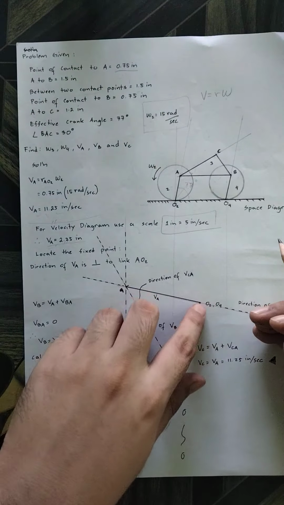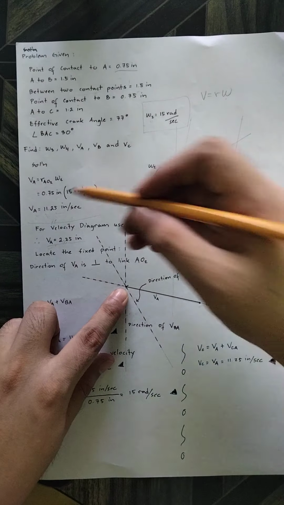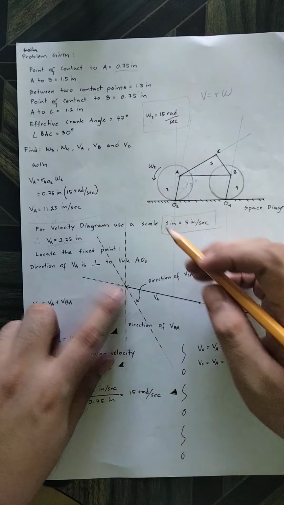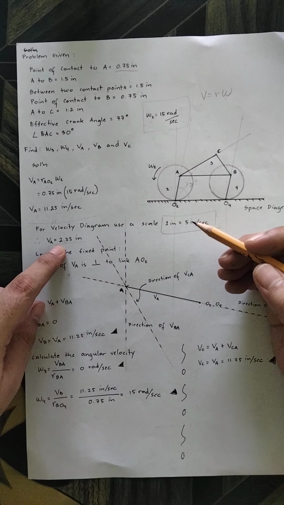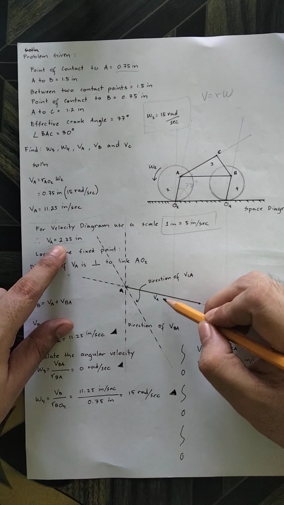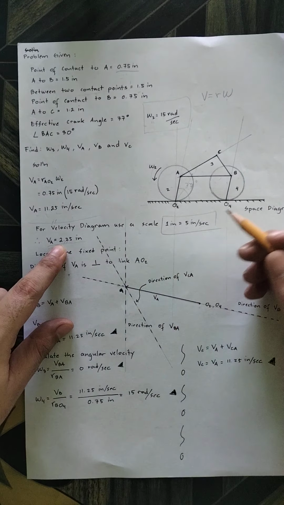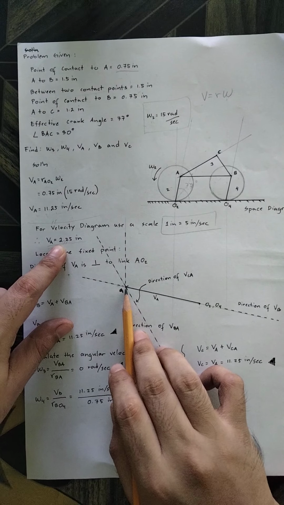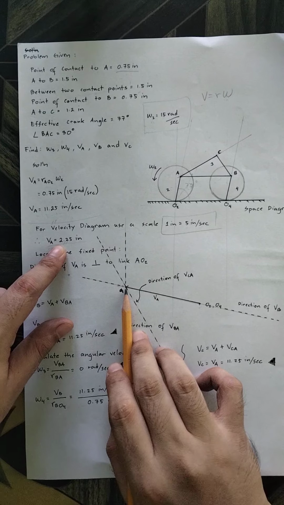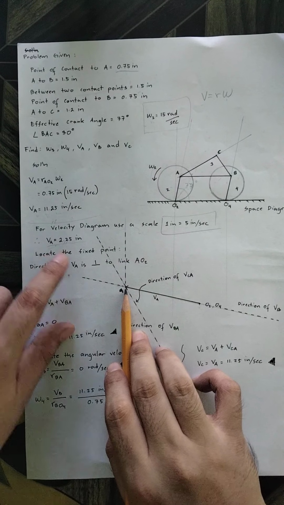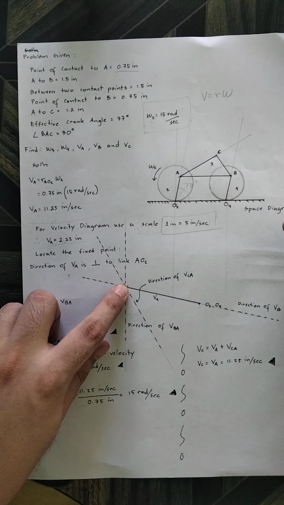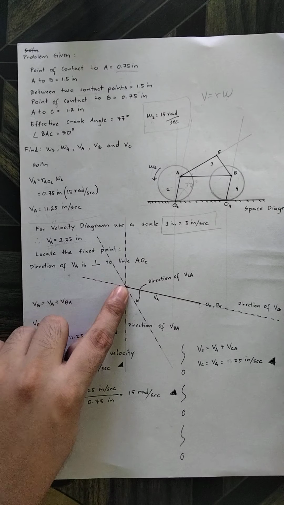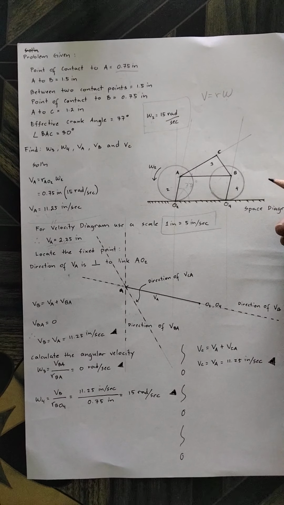The measurement is 2.25 inch, so the distance from point O2 to here is 2.25 inch.